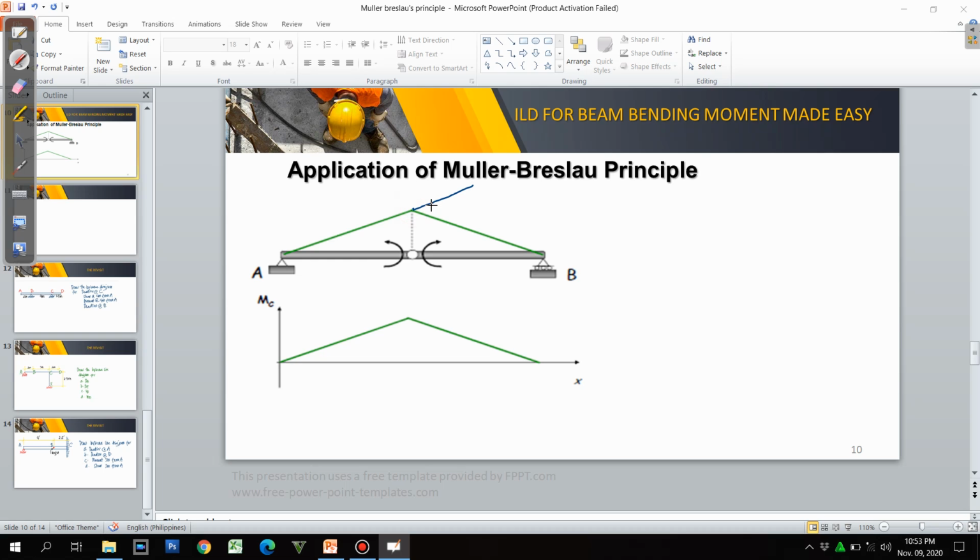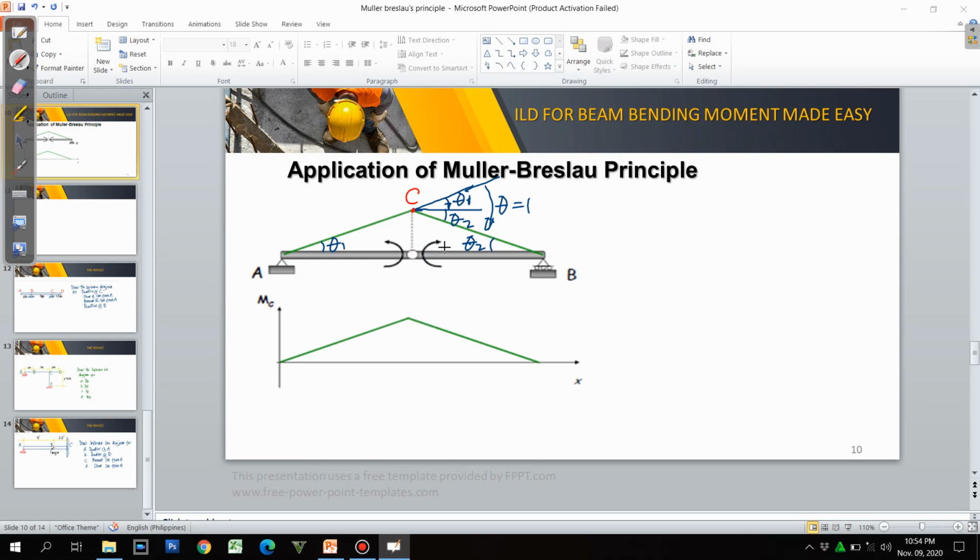Say this is a horizontal line. So this is theta 2. This will also be theta 2. And this is theta 1. This shall also be theta 1. And the sum of the angles is equal to theta, which will be equal to the unit rotation.